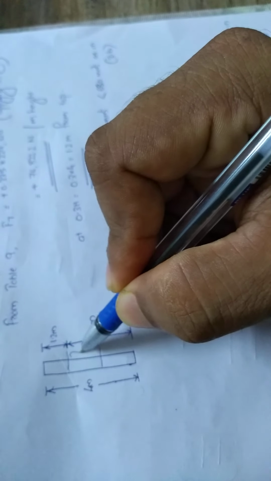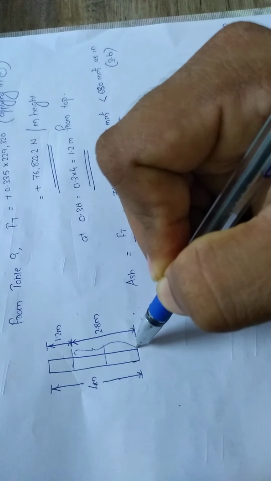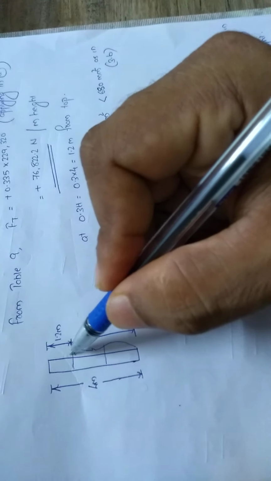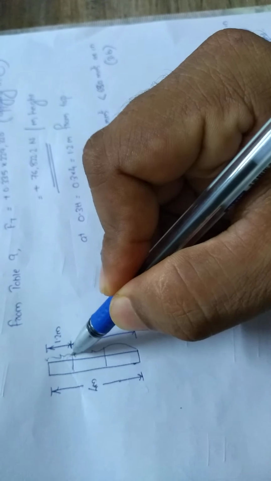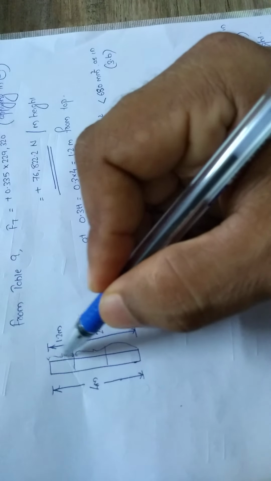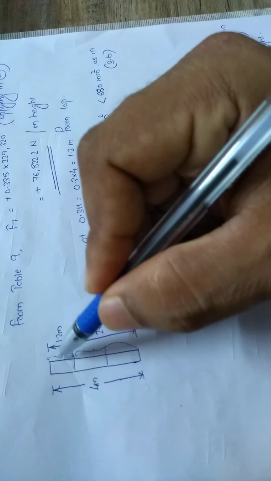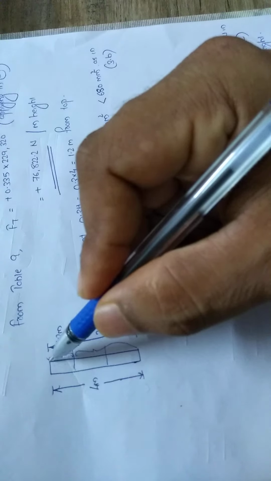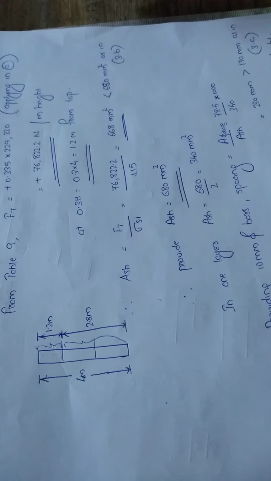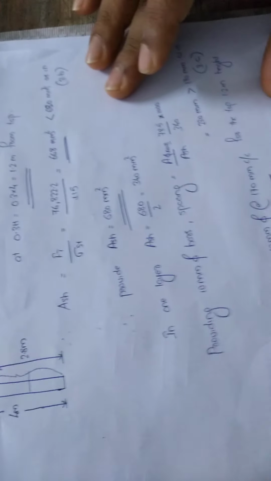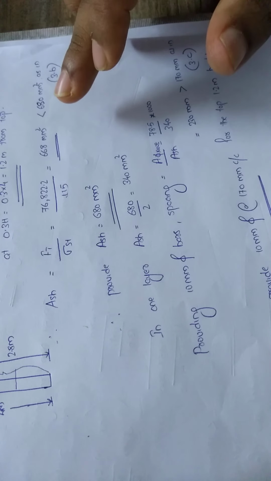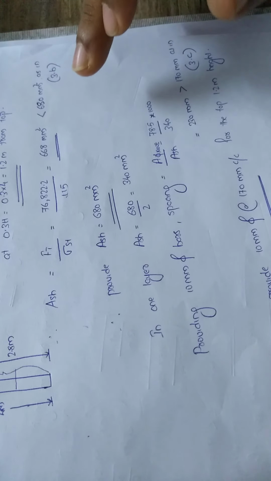For the 0.6 H we are continuing the same spacing till this much, and here we are trying to increase the spacing because we don't need this much reinforcement over this part, because the hoop tension is getting reduced towards the top. So we are trying to reduce the reinforcement or increase the spacing.